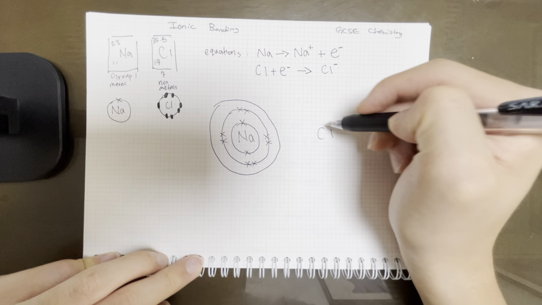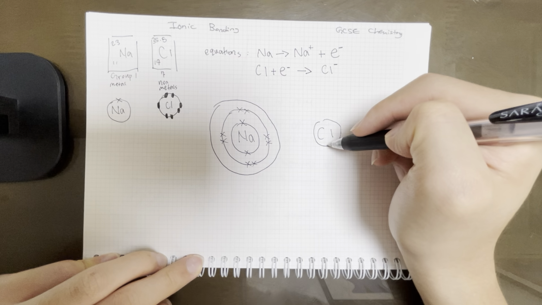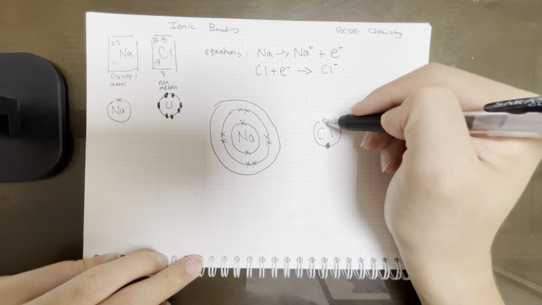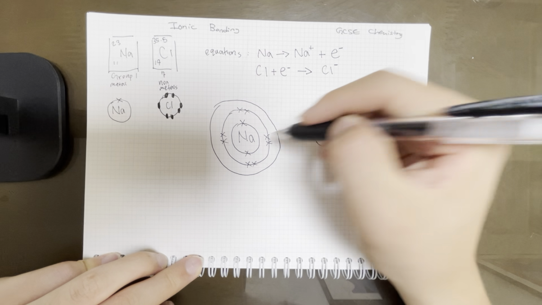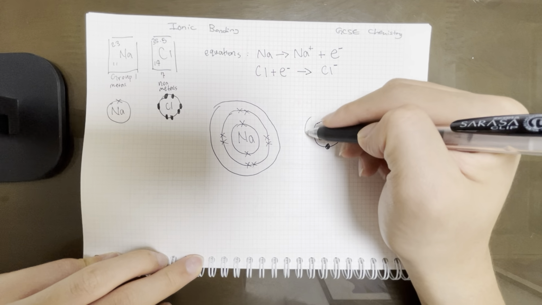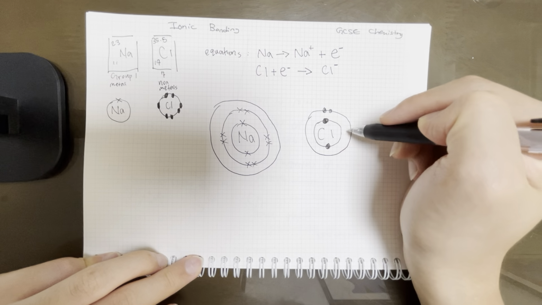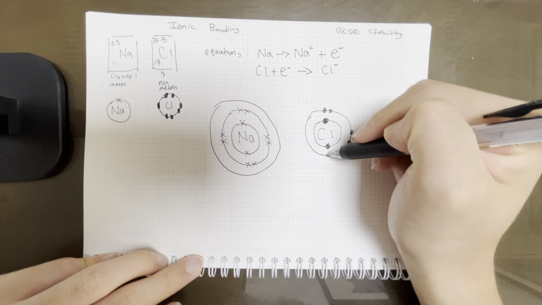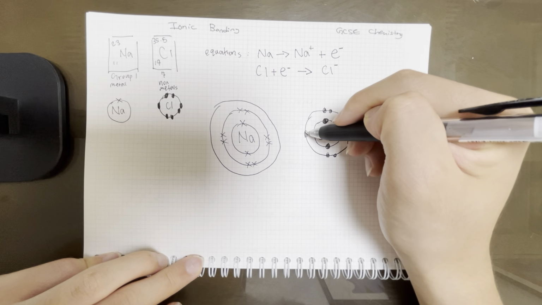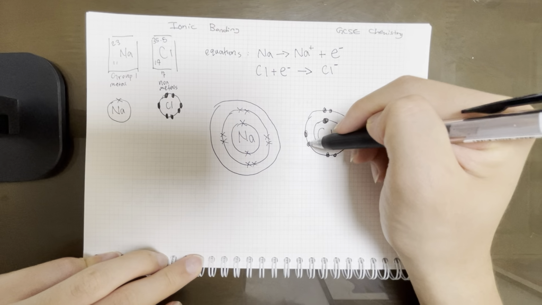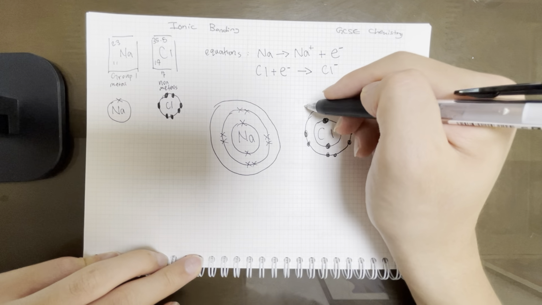Now I'm going to draw chlorine. Chlorine has 2 electrons in its first shell. Now remember to differentiate it: draw chlorine with circles and sodium with crosses, or vice versa. You want to know the movement of electrons. Second shell will hold 8 too. So chlorine currently has 10 electrons, but it has 17 electrons in total.